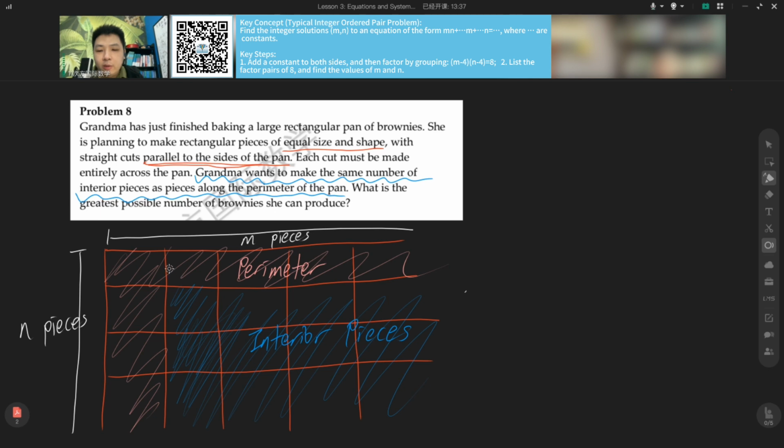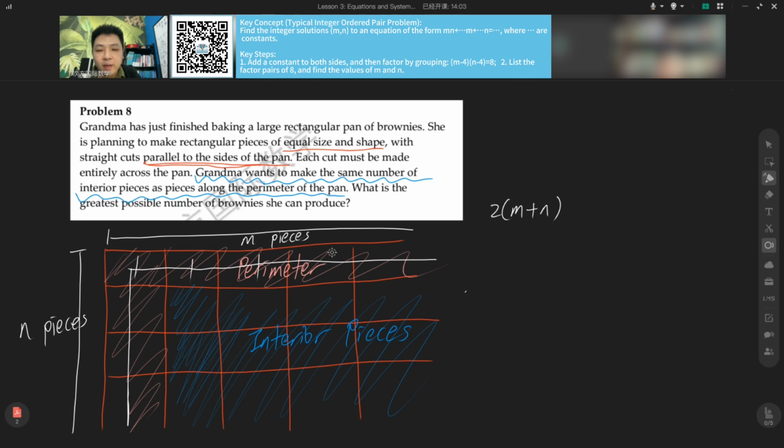One way is that the perimeter is twice m plus n, but the corner piece gets counted twice. 我这里是先把 m 个加起来，这里是 m 块，然后这里呢又加了 n 块。但是这些呢，我这里记了一遍，然后这里又记了一遍，所以每一个角落都记了2遍，但我只希望记一遍，所以呢这里是减4。That's the perimeter.